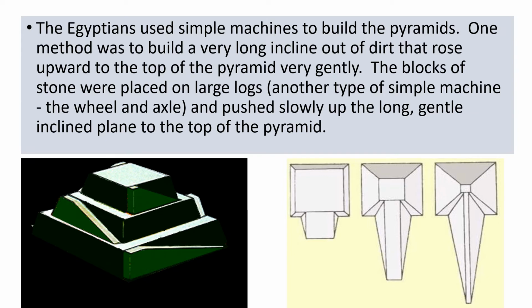As the construction moved upward and the blocks went higher, these inclined planes were made again, and those helped in the construction of the entire pyramid. Okay, the blocks of stone were placed on large logs, another type of simple machine, the wheel and the axle, and pushed slowly up the long, gentle inclined plane to the top of the pyramid.